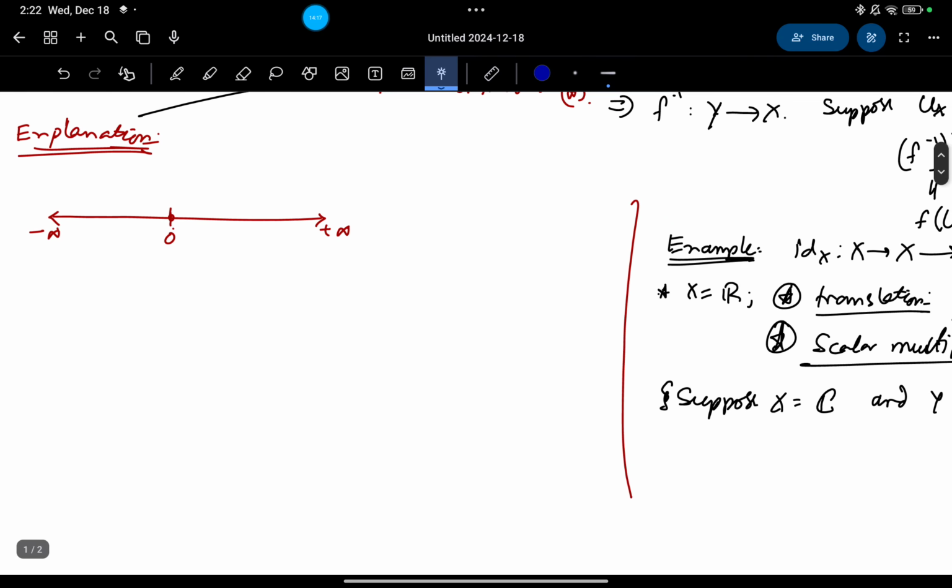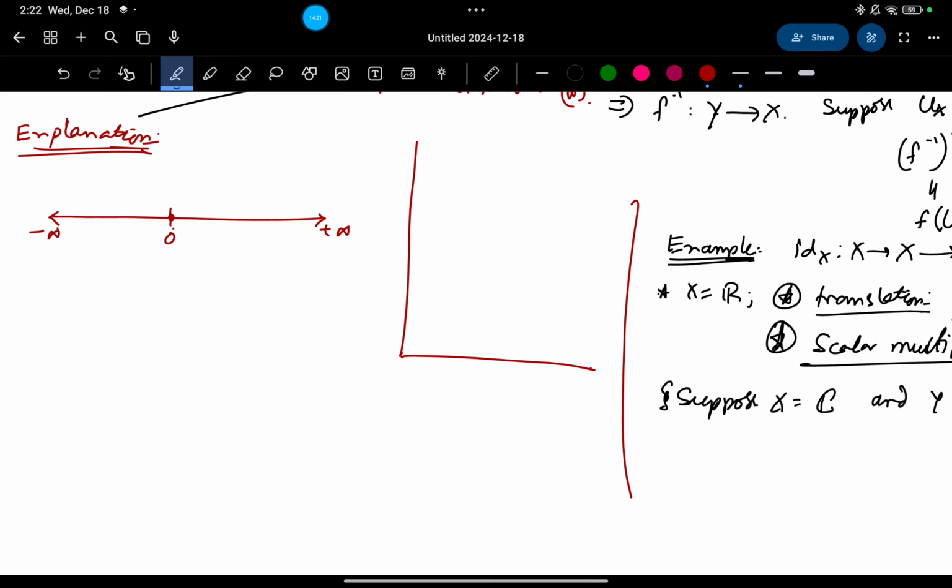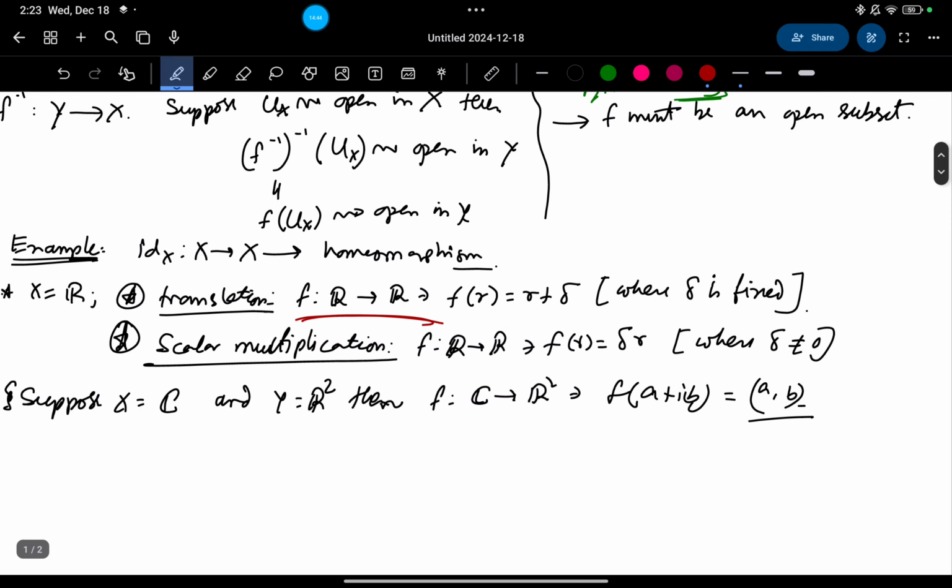And once you have C to R2, suppose this is my R2, so in C the Argand plane is like this, right? So a plus ib, this is arg z. All right, so this can be identified as (a, b). Okay, this is how one can define the homeomorphisms, and you can check all these are homeomorphisms.